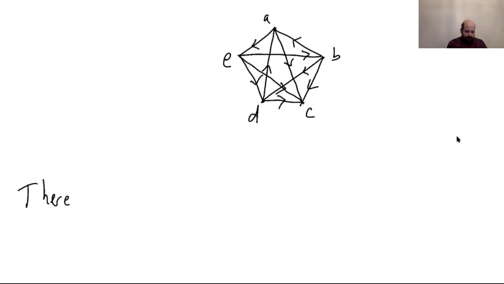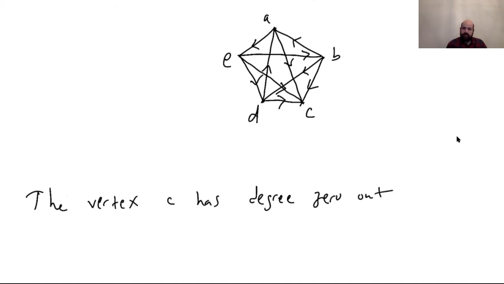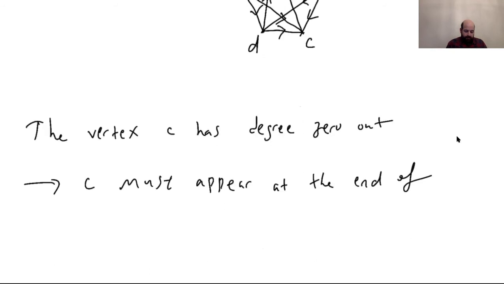Let me say, vertex C has out-degree 0, it means there's no edge going out of C, all the edges go into C. So that means C must appear at the end of any Hamiltonian path in this tournament.